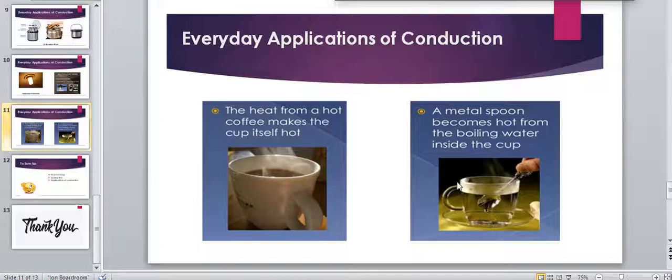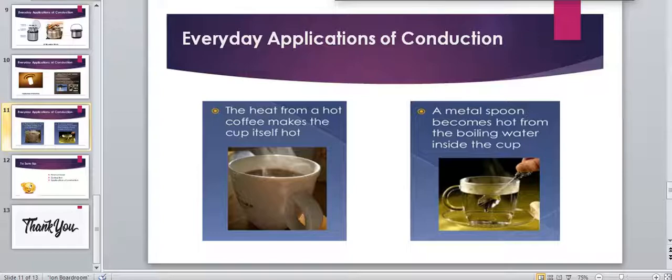Or a metal spoon becomes hot from the boiling water inside the cup. Therefore, after placing the spoon for 2 to 3 minutes, you will be unable to hold it with your bare fingers, because the spoon gets hot, and this happens because of the process of conduction.